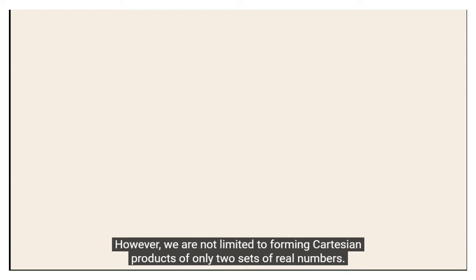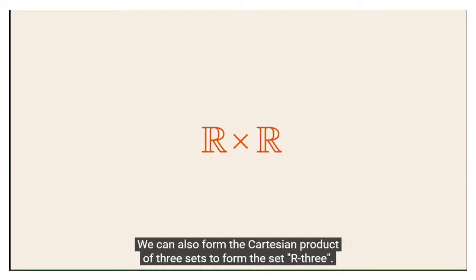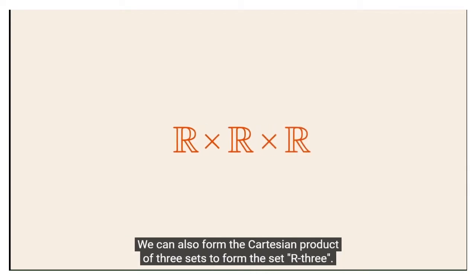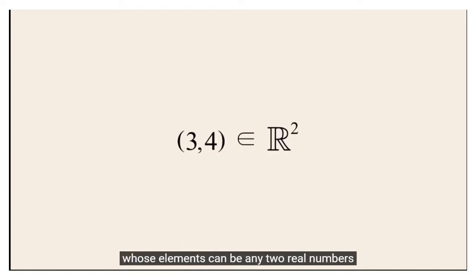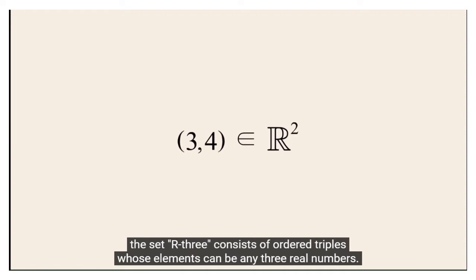However, we are not limited to forming Cartesian products of only two sets of real numbers. We can also form the Cartesian product of three sets to form the set R3. Just as the set R2 consists of ordered pairs whose elements can be any two real numbers, the set R3 consists of ordered triples whose elements can be any three real numbers.